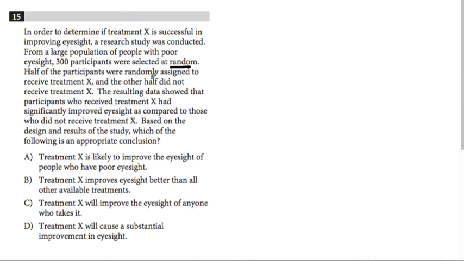Half of the participants were randomly assigned to receive treatment X, and the other half did not receive treatment X. So again, it was a random assignment. The resulting data showed that participants who received treatment X had significantly improved eyesight as compared to those who did not receive treatment X. Based on the design and results of the study, which of the following is an appropriate conclusion?